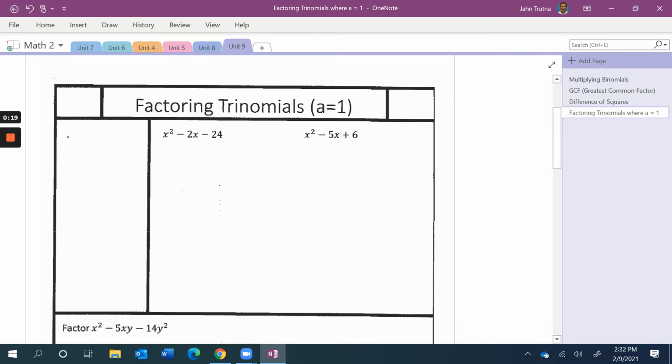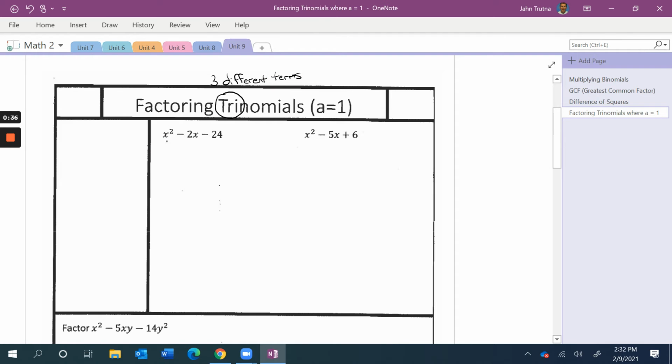First of all, a trinomial, remember, is tri, meaning three different terms. So when we're talking about a trinomial, we are talking about an expression that has three different terms to it.